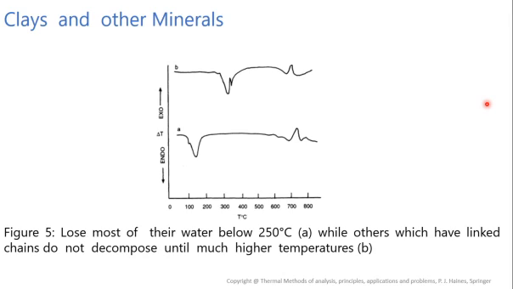So these are two figures, figure 5a and 5b, where in 5a there is loss of most of their water below 250 degrees Celsius, while in 5b, which have linked chains, they do not decompose until a higher temperature.